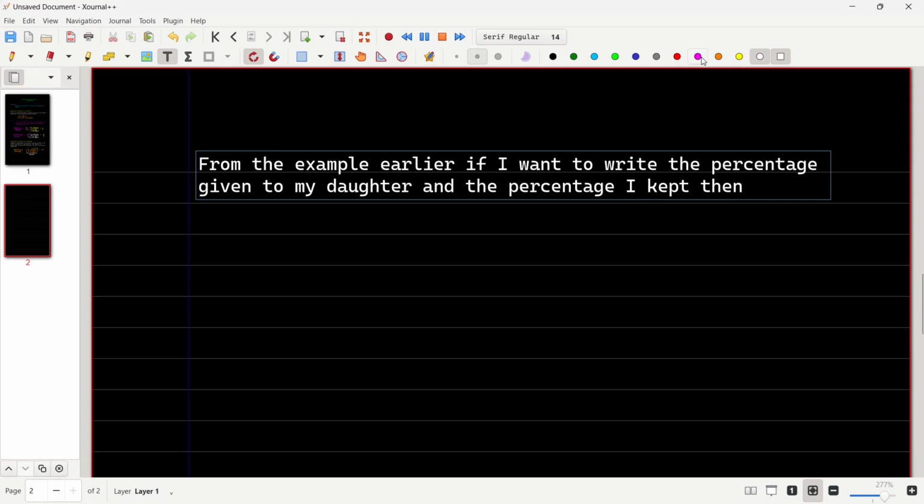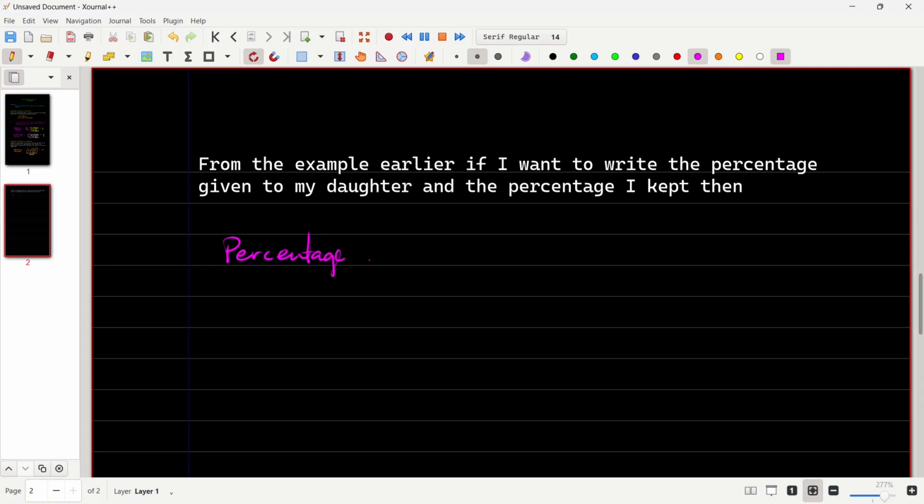So the percentage given to daughter would be fraction given to daughter times 100 pieces.